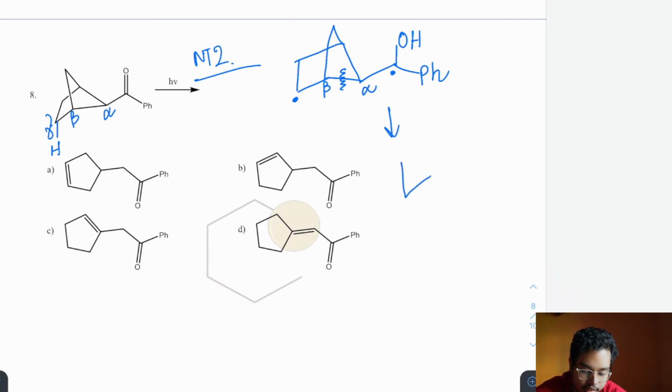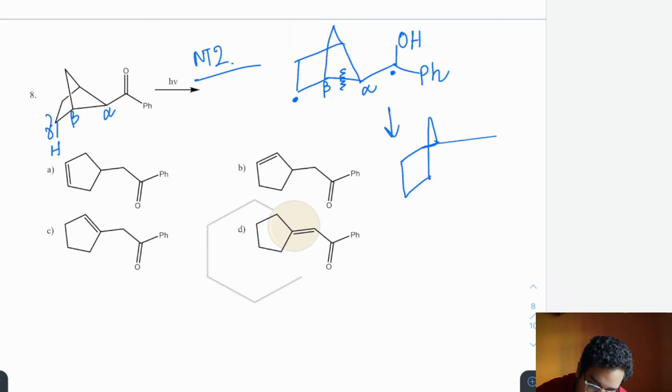So let us see what happened. The drawing is not up to the mark. This having this bond, then this one, this is the OH, pH, here a radical, here a radical form. So these two combine. Okay, so what do we get finally?